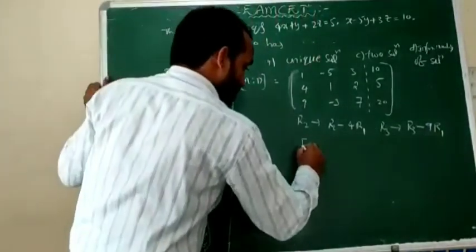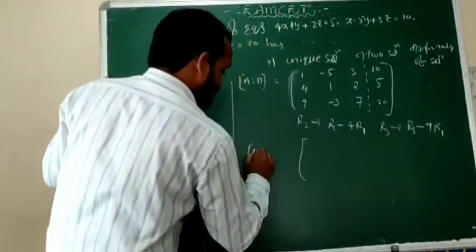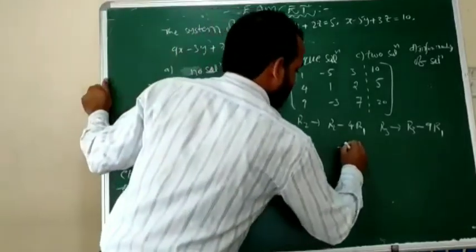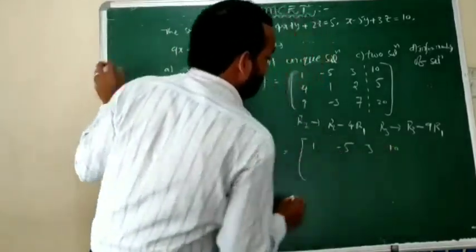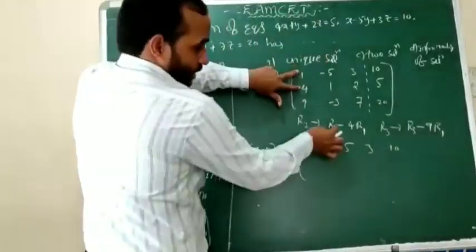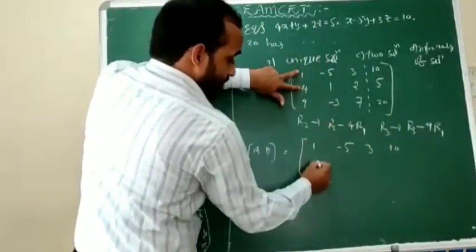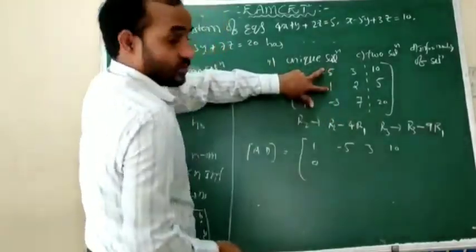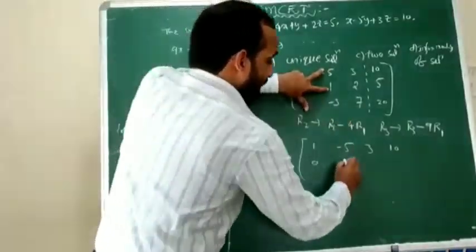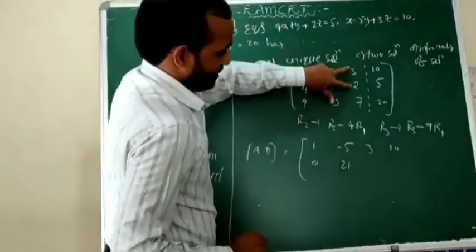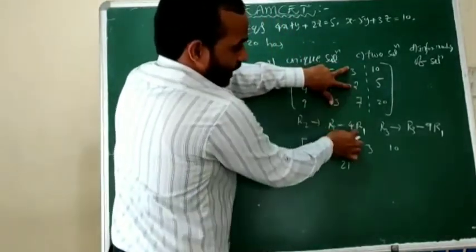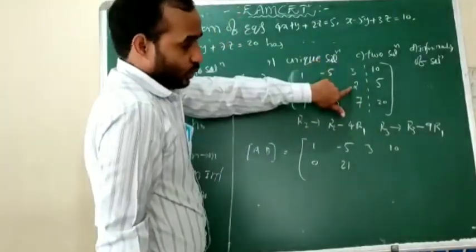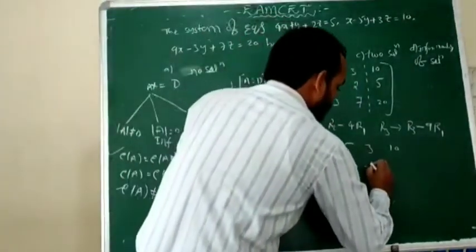So the augmented matrix AD is equal to, here, 1, minus 5, 3, 10. This is R2 minus 4R1: 0. Next, 1 minus into minus, plus 20, means 21. Here R2 2, R1 4, 3 is 12, 2 means minus 10.